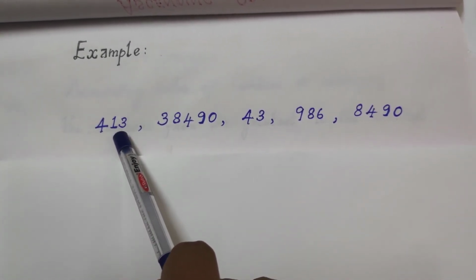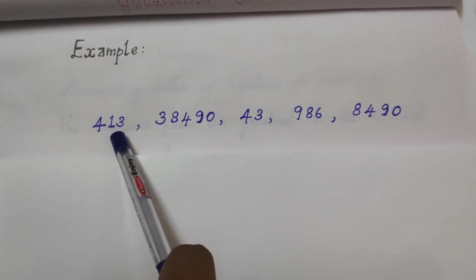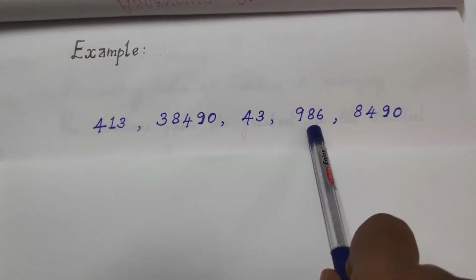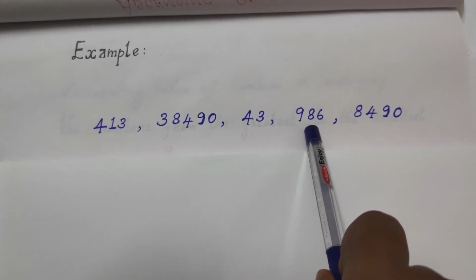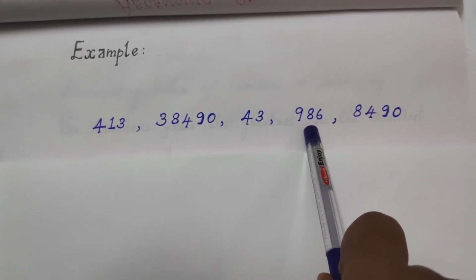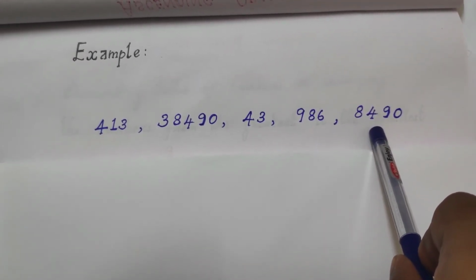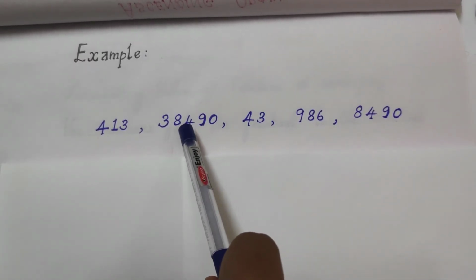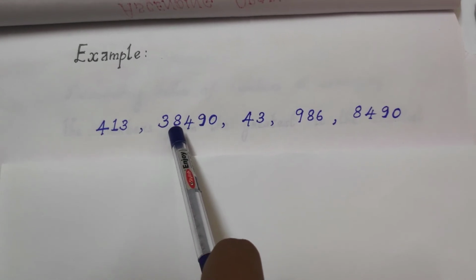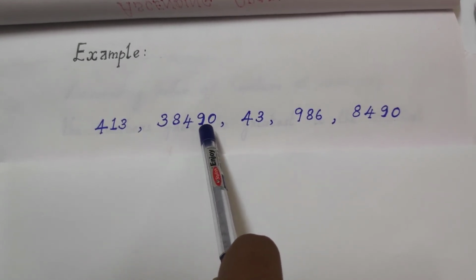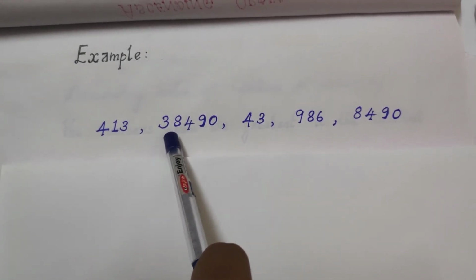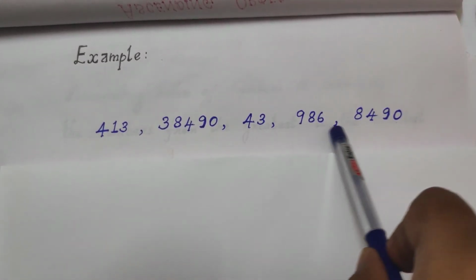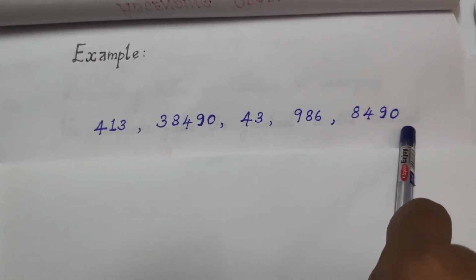The next number greater than 413 is 986. Then after 986, the greater number is 8,490. And at last, we have also a 5-digit number 38,490. This number is the greatest among all the numbers.